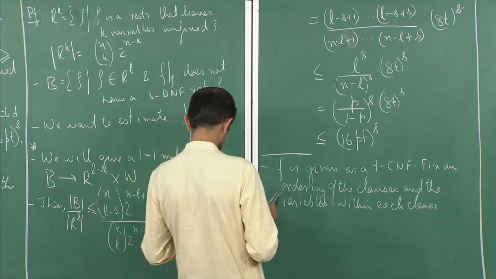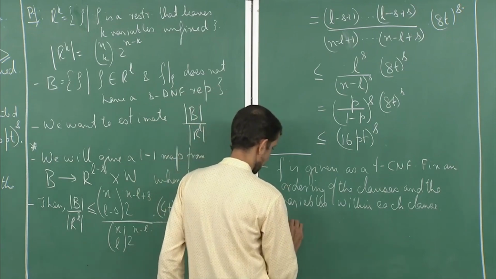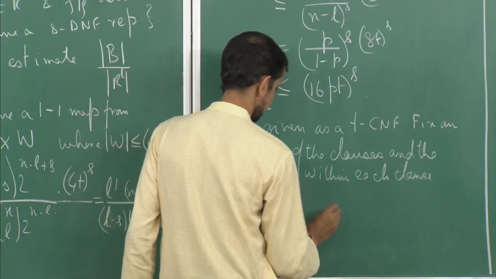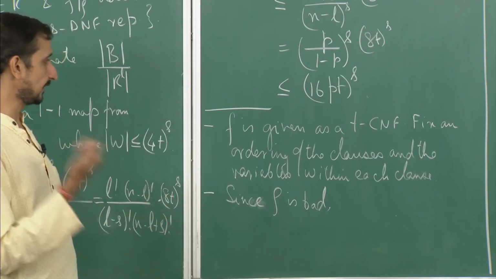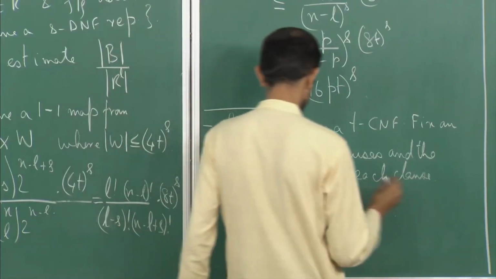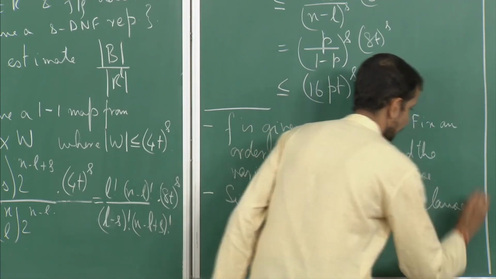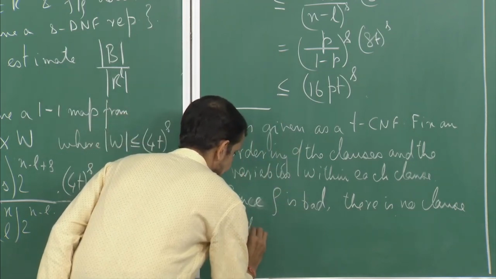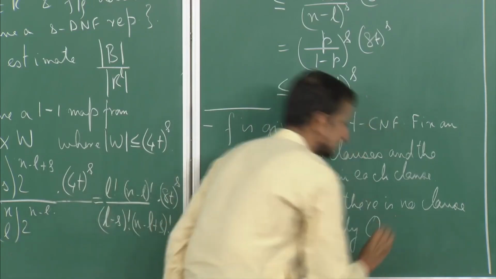Next what we do is, since rho is bad, that is, f restricted to rho does not have an SDNF representation, what it means is that there is no clause that is identically 0.